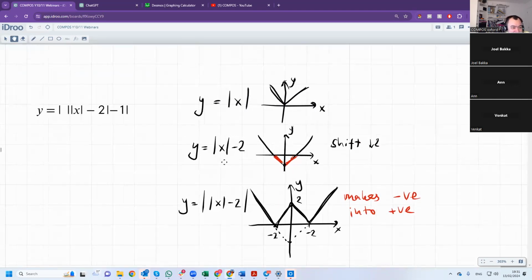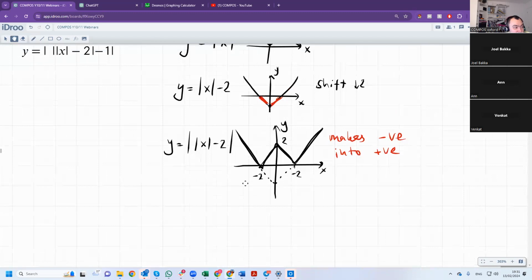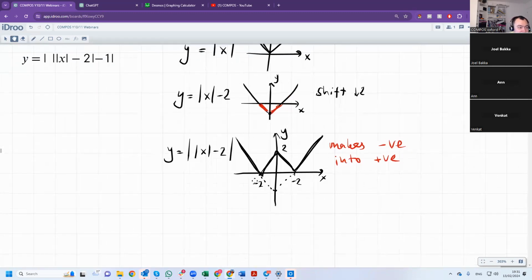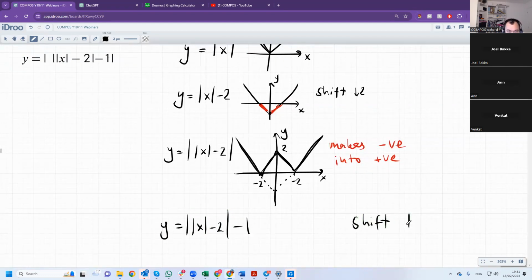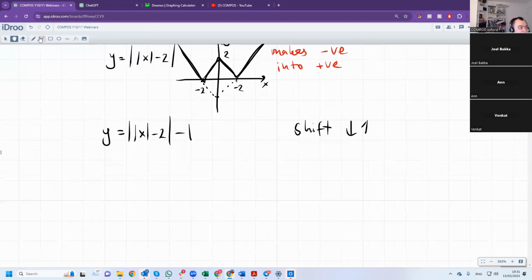And then finally, no, not finally, there's one more transformation. We do minus 1 now. It's another vertical displacement. So y equals modulus x minus 2, minus 1. So it's a shift down by 1. Okay, so that gets even more cooler.